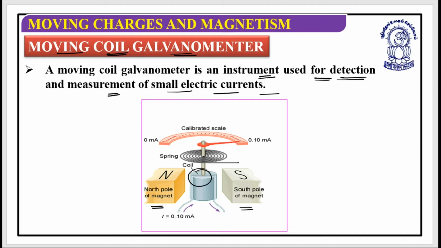The coil has been wound over here, and this is the calibrated scale from which we, as users, read. This is the north pole, this is the south pole. I hope everything is clear.